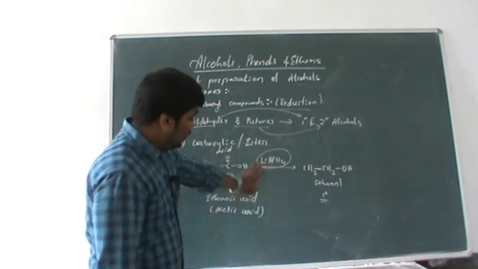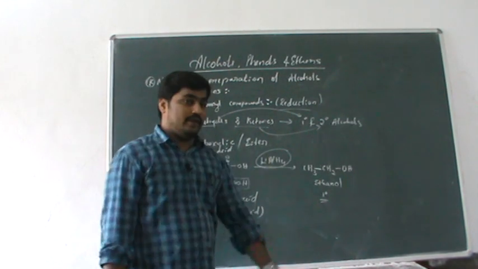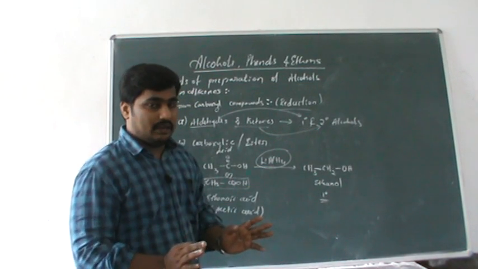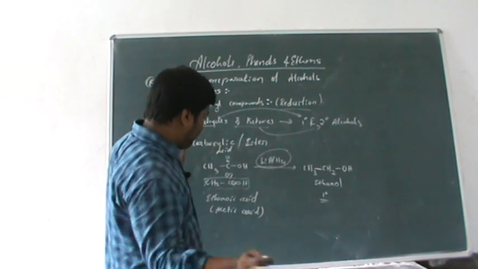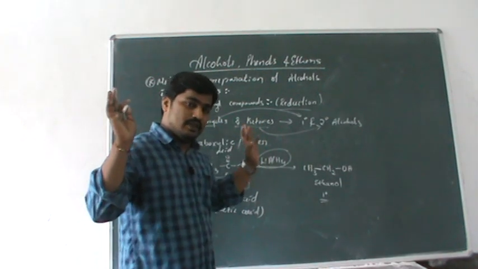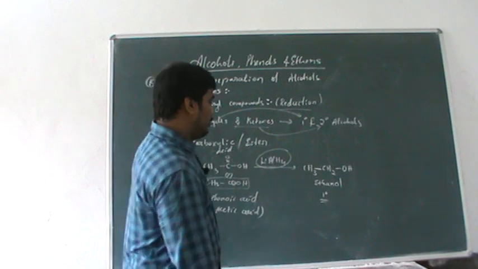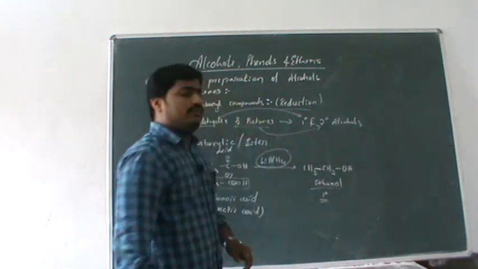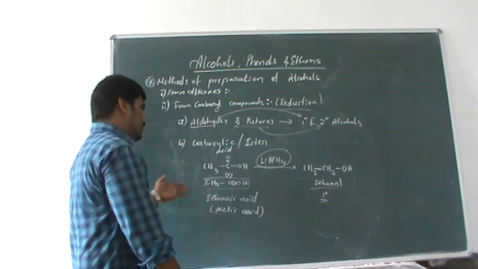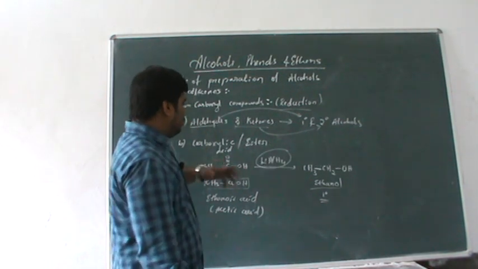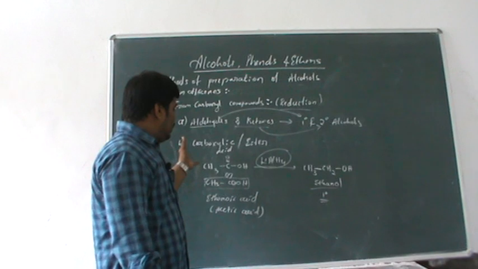Please remember, we should use lithium aluminum hydride. Suppose we use hydrogen in presence of platinum or palladium, the reaction does not take place, or takes place but only a small quantity of product is formed. Therefore, to produce an excellent quantity of product, this is required. So this is one method.